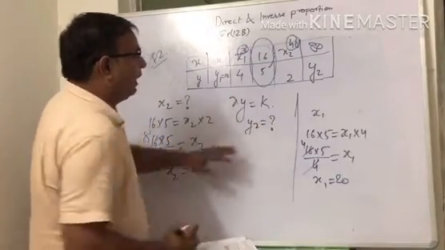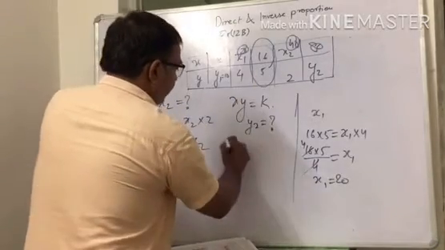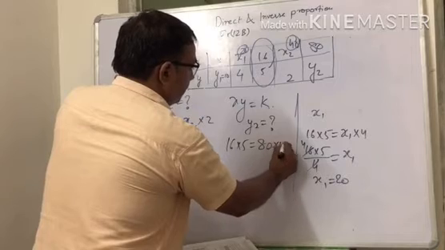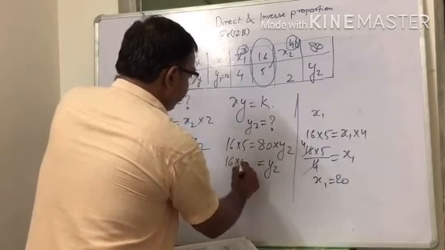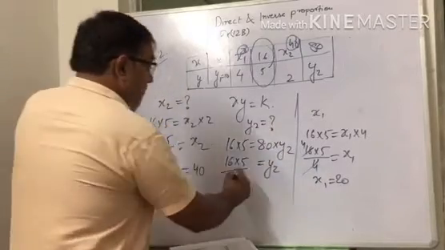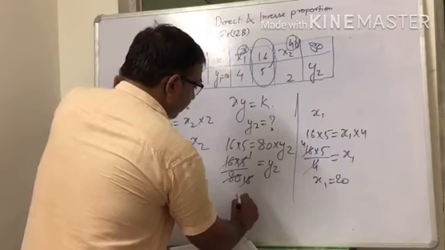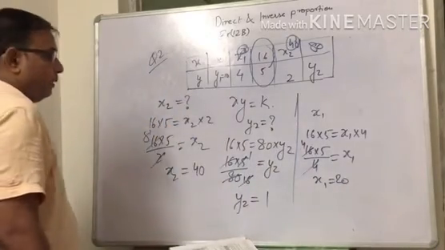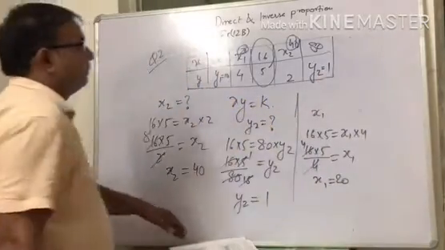Now y2 is equal to question mark. You can use the same 16 and 5. 16 times 5 is equal to 80 times y2. So y2 is equal to 16 times 5 upon 80. Now you can cancel it. y2 is equal to 1.